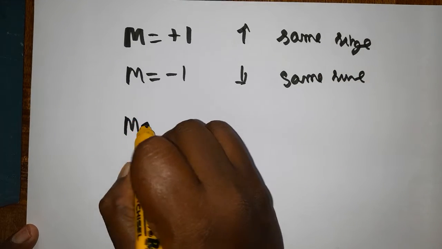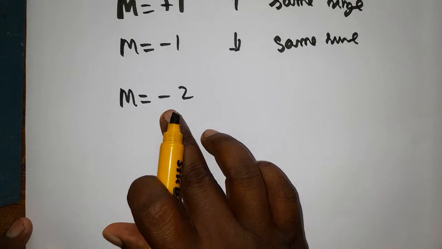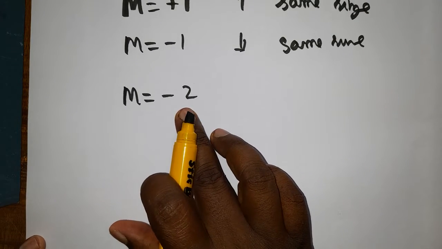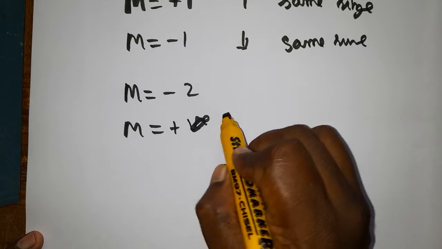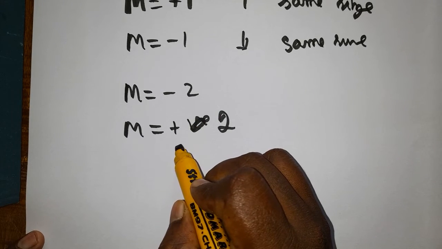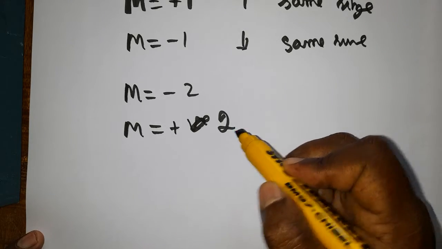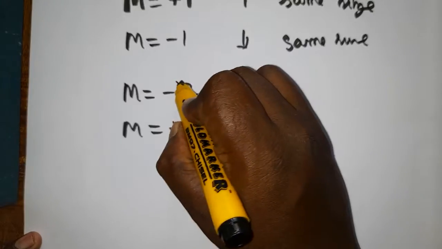In case magnification is -2, minus is for inverted and real, and 2 is for magnification. Magnification +2: plus is for upright, virtual, erect, and 2 is for magnification. You should do symbol and term separately.